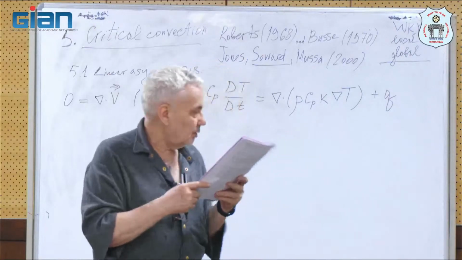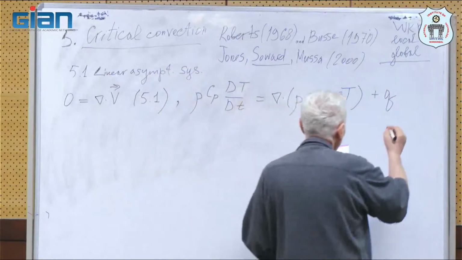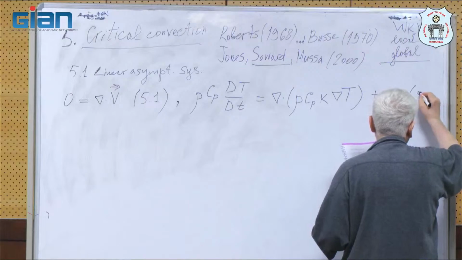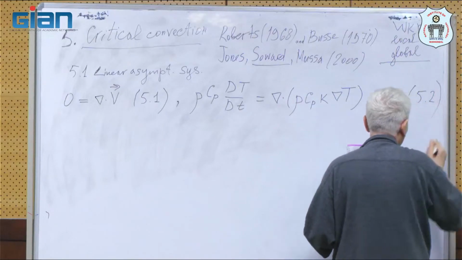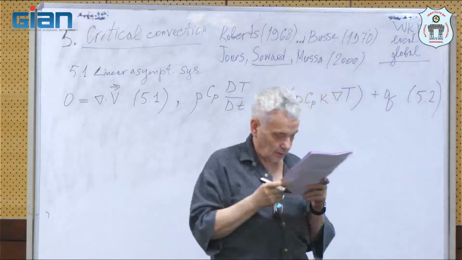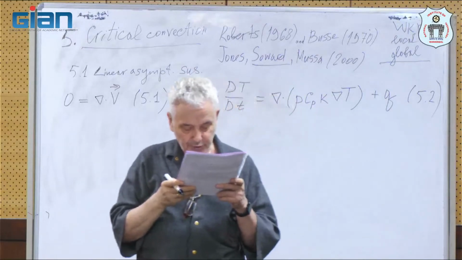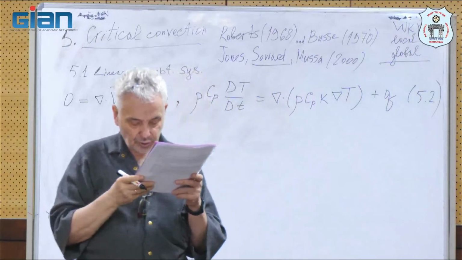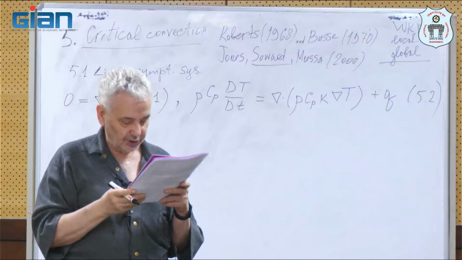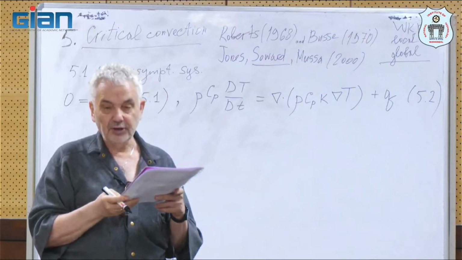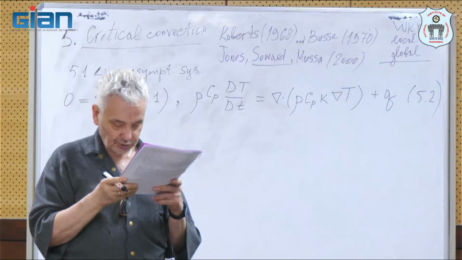Okay, let's number it. Perhaps the most important and difficult equation to solve in the original system of planetary convection is the Navier-Stokes equation of motion.